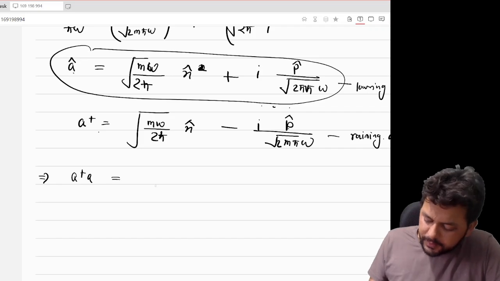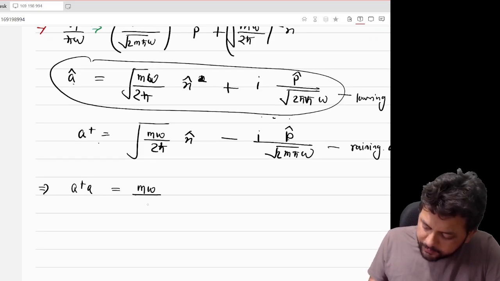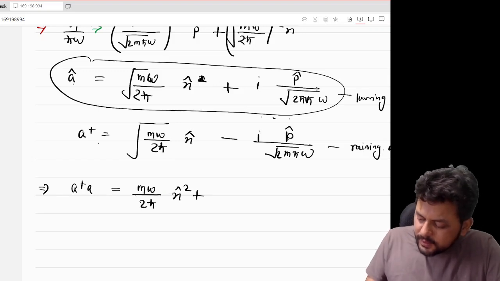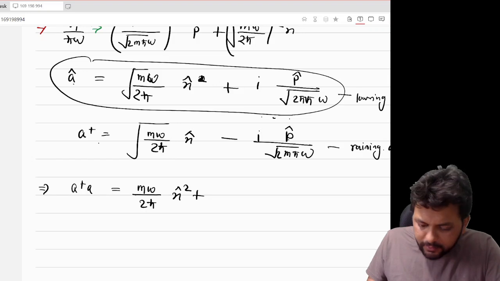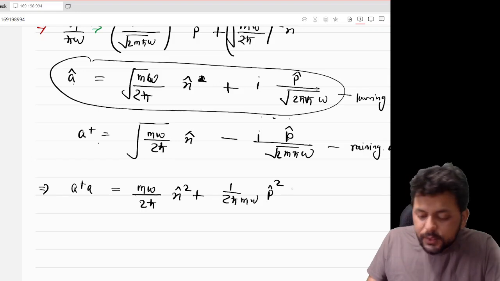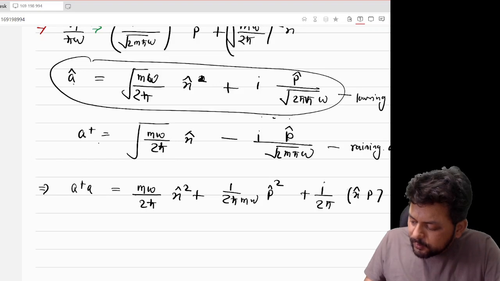So when you solve it, just multiply this, we get m omega upon 2h cut x square plus p square, and then 1 upon 2 h cut m omega p square plus i upon 2h cut times xp minus px, the Poisson bracket.